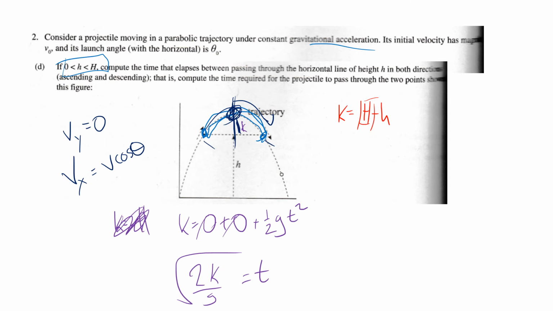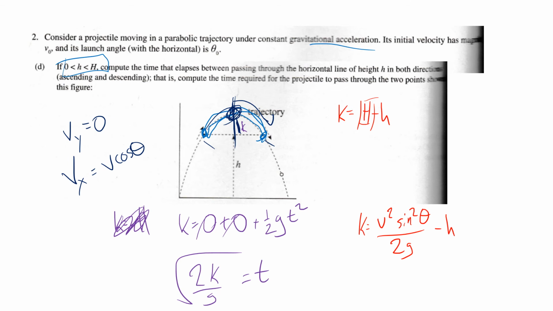So big H, in case you forgot, is going to be v squared sine squared theta divided by 2g. That minus h is equal to k.